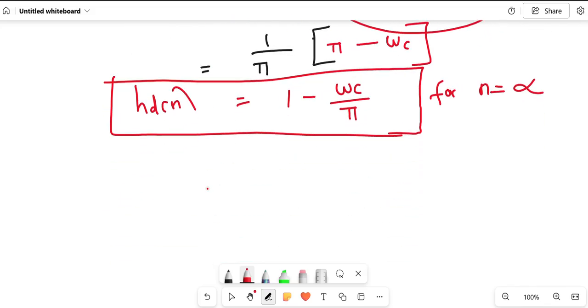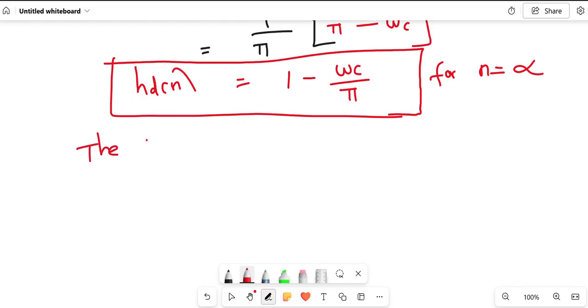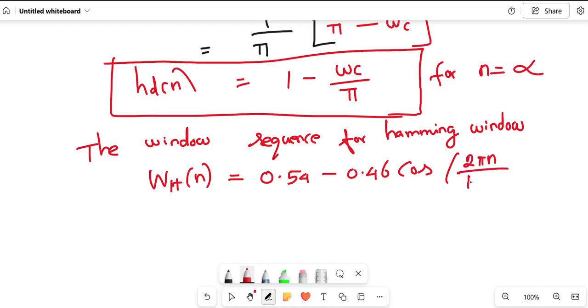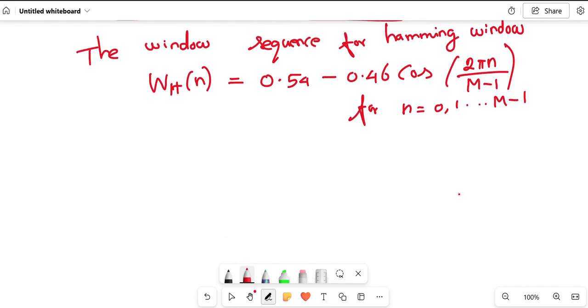Now the window sequence for the Hamming window: the Hamming window WH of n is 0.54 minus 0.46 cos 2 pi n by (M minus 1), for n from 0 to M minus 1.